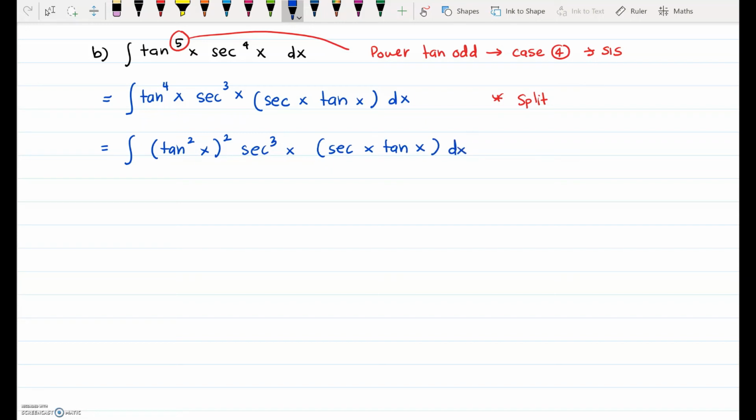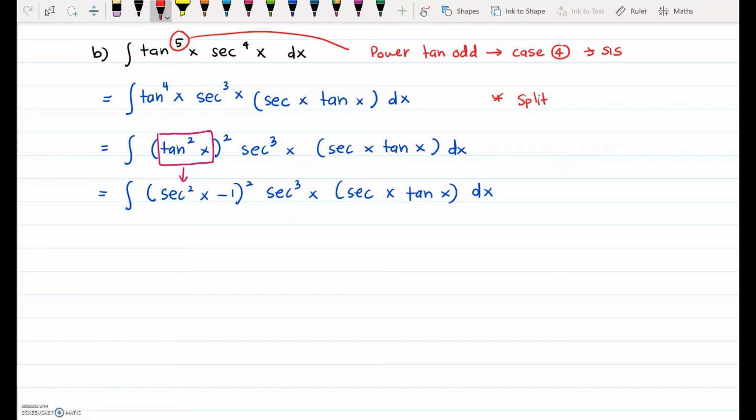Then we can use the identity for tangent square. The formula of tangent square is secant square x minus 1, squared, and then we have secant cubic x, secant x tangent x dx. So we have done the second step, which is identity.